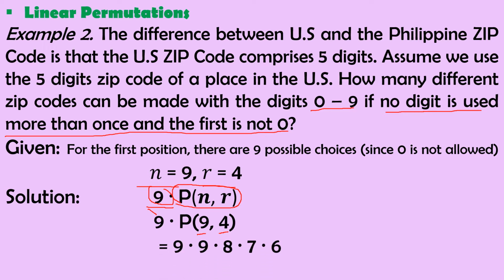So let us now simplify, copy 9, and then for the permutation of 9 and 4, so this is 9 multiplied by 8, multiplied by 7, and multiplied by 6. Now, this time, I want you to get the product of 9 multiplied by 9, multiplied by 8, multiplied by 7, and multiplied by 6.